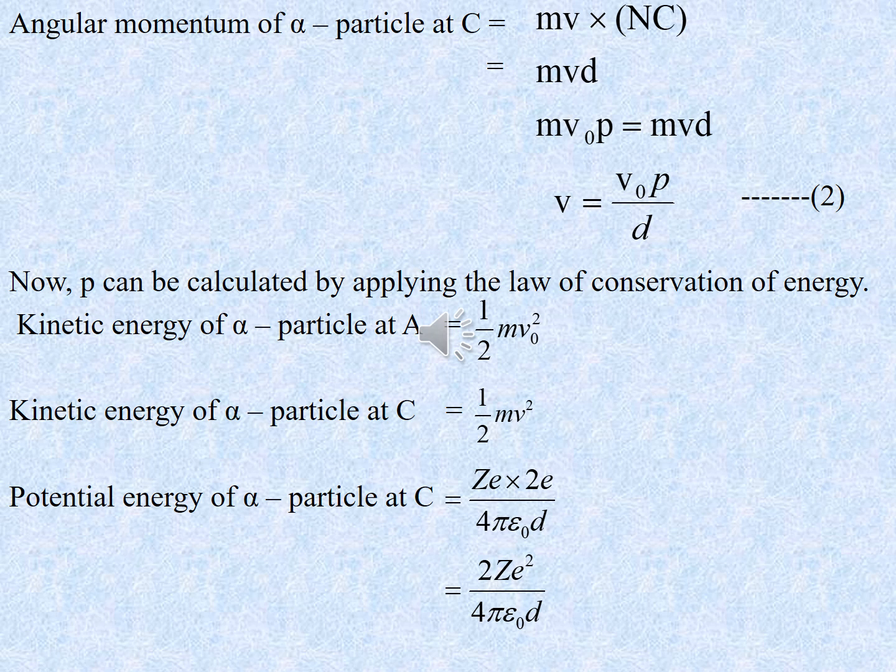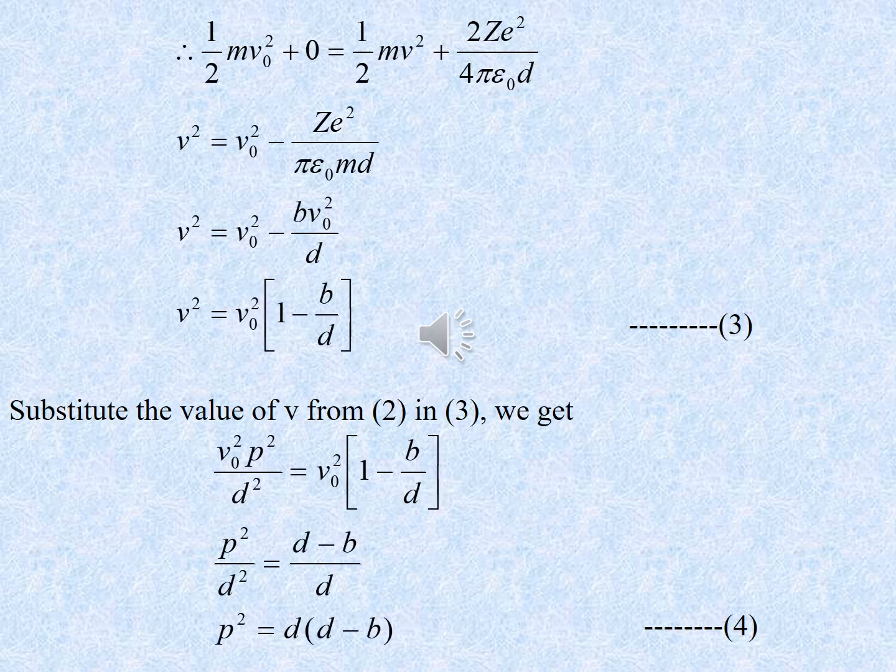Potential energy at C is Ze into 2e by 4 pi epsilon naught d, that is 2Ze square by 4 pi epsilon naught d. By the law of conservation of energy, half m v naught square plus 0 is equal to half m v square plus 2Ze square by 4 pi epsilon naught d.